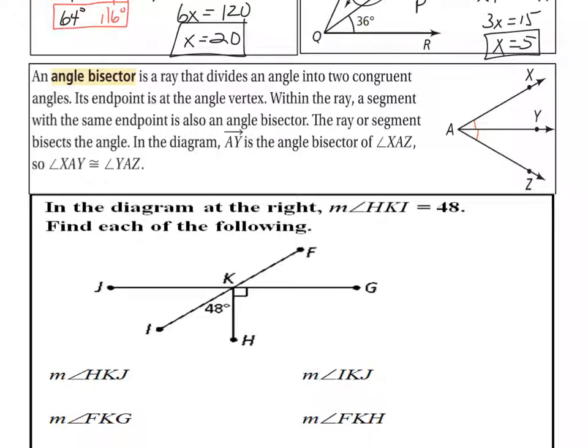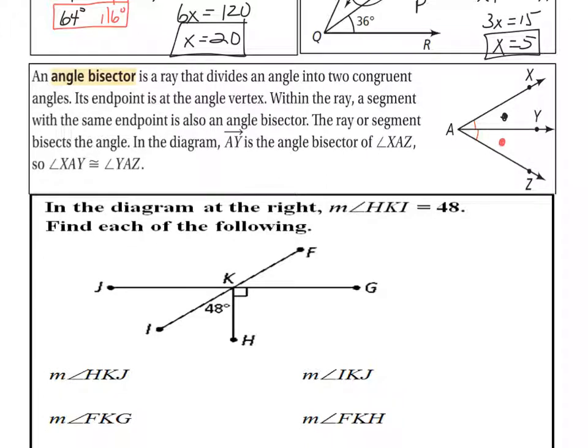In this case, the endpoint of the ray in this picture is A, because it's always at the angle's vertex. The ray is ray AY. So this ray AY is the angle bisector. It cut the angle into two equal parts. This angle right here is the same as this angle.